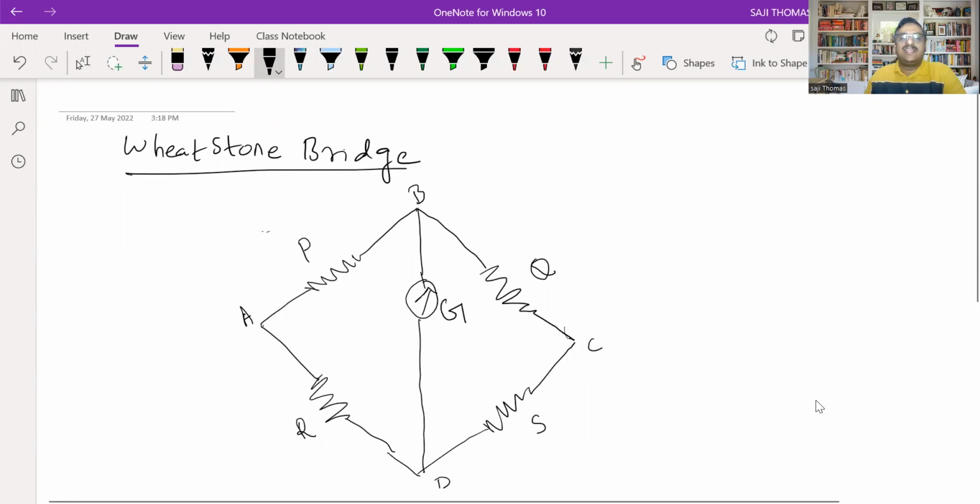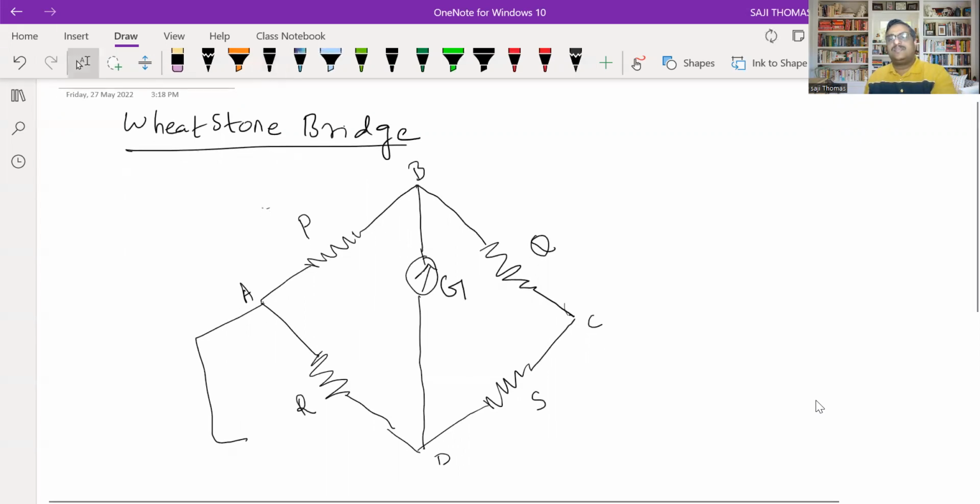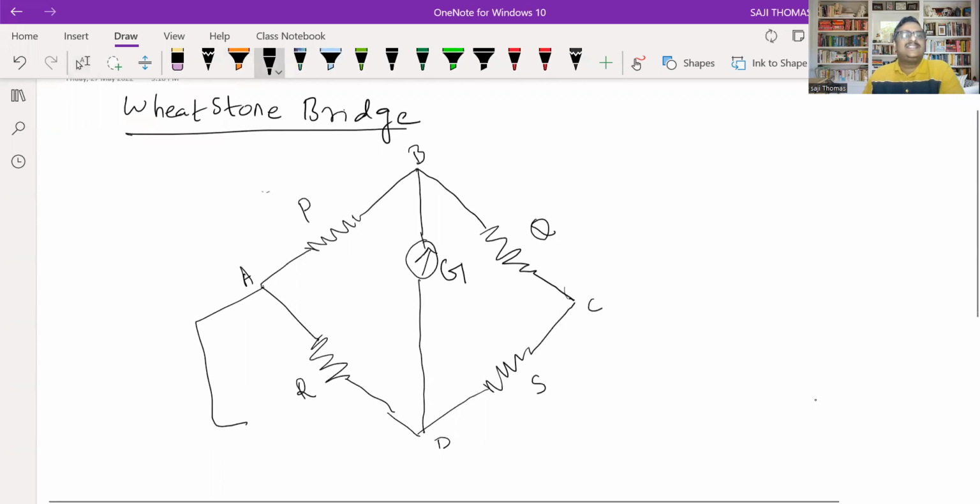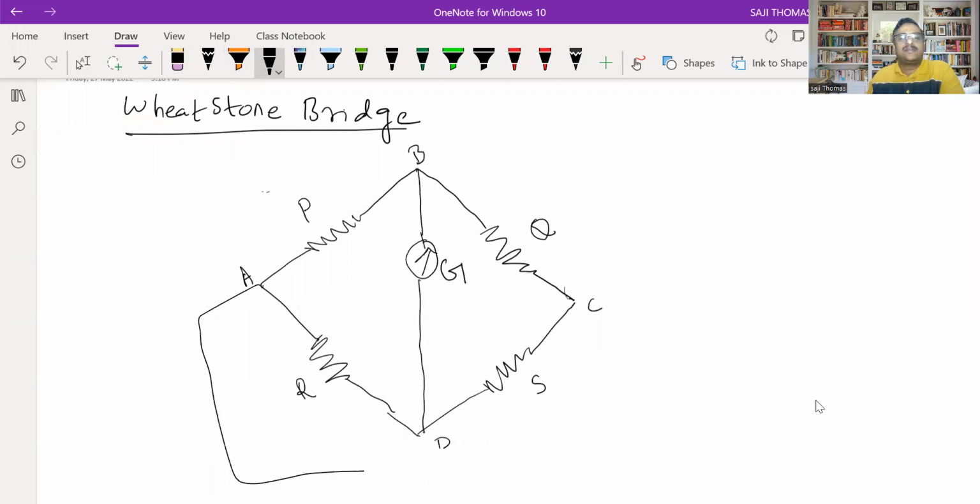Galvanometer resistance I write as G. And between the points A and C, a battery or a cell is connected. Suppose its EMF is E. This arrangement is known as Wheatstone bridge.